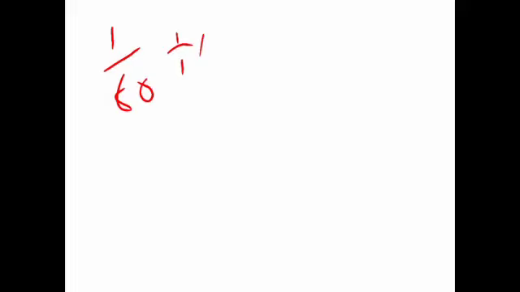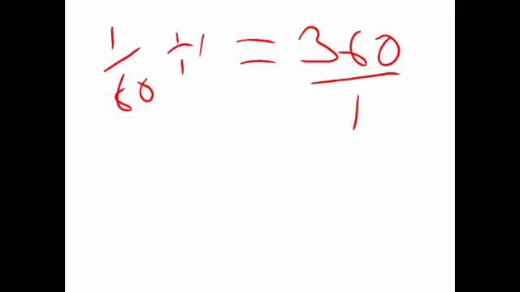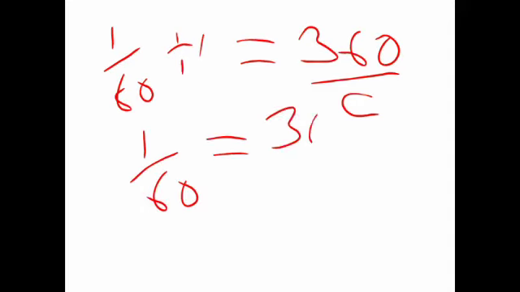That should be equal to 360 over 1 over C. So this will change to multiplication. It will be 1 over 60 times 1. So it's going to give us 1 over 60 is equal to 360 over c.